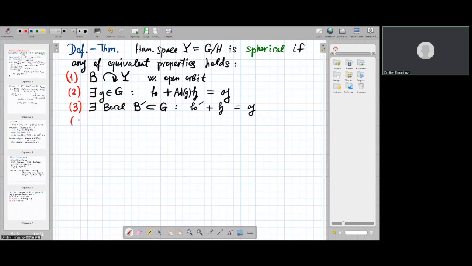The fourth condition is about B invariant functions. It says that the field of B invariant rational functions on Y, which are invariant under the action of B, is just the constant field, the base field K. There are no non-constant B invariant rational functions on Y.